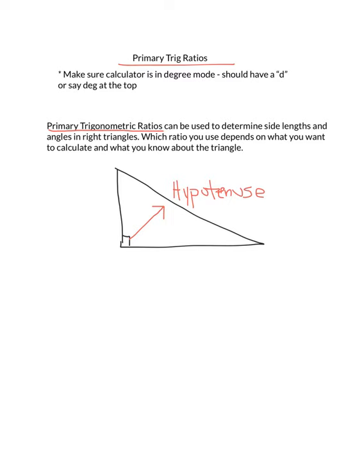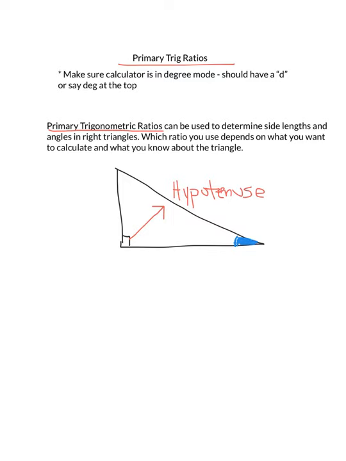Now the next two sides are going to switch depending on what the question is asking for. The most important thing to realize is that whatever angle they give you or whatever angle you're trying to find out needs to be known before you can label the opposite and the adjacent side. In this example, I'm going to be trying to find this blue angle that I've colored in at the bottom here.